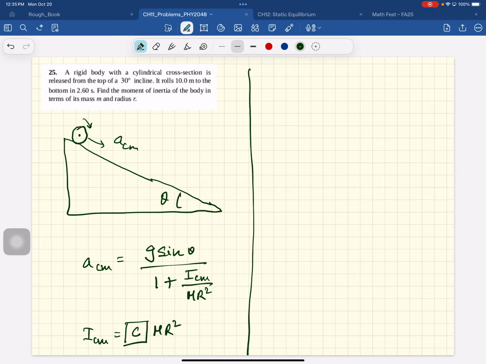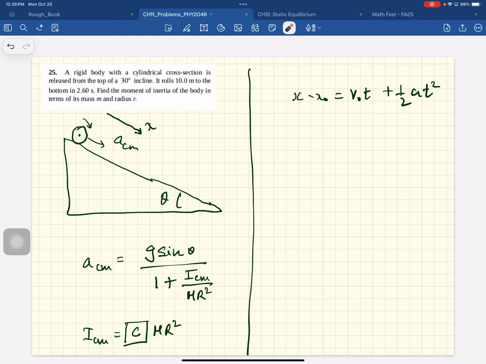Now they tell you that the object starts at rest and it covers 10 meters in 2.6 seconds. Okay, so we'll choose this direction as our x-axis. And x minus x naught is v naught t plus 1/2 a t squared. This is 0.